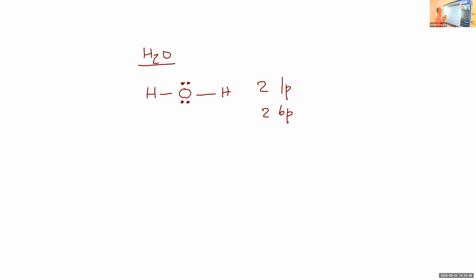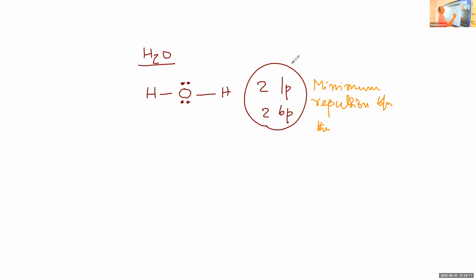The electron pairs can be distributed in such a way that there is minimum repulsion between them. Then only the structure will have stability.